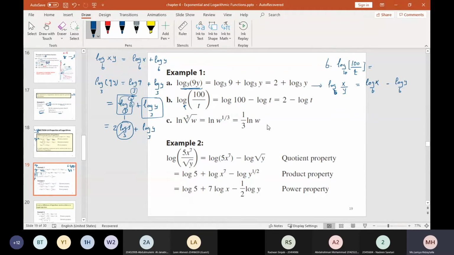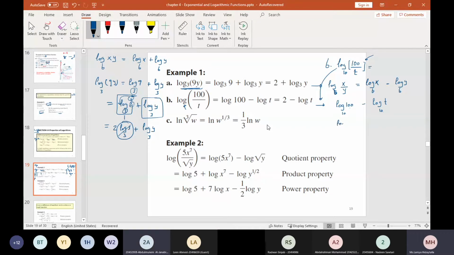Okay, now we apply this rule in our example. So this is equal to what? It is equal to log 100 minus log of t, to base 10. What is log 100?